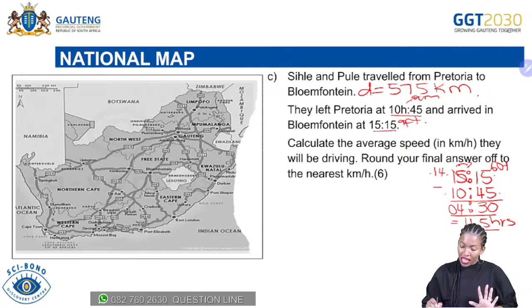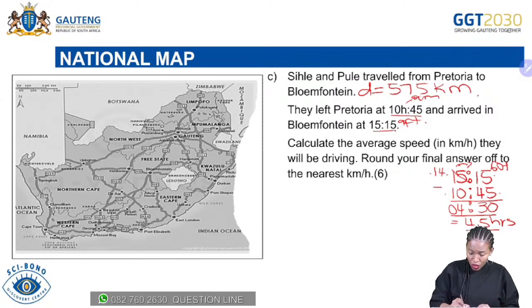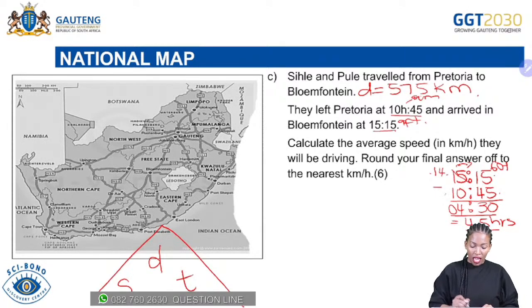Now we've got distance, we've got time. What do we need now? We need speed. They didn't even give us a formula, guys. So remember, now we are going to use the DSTV formula. How does it work? You close this, and then you have this.